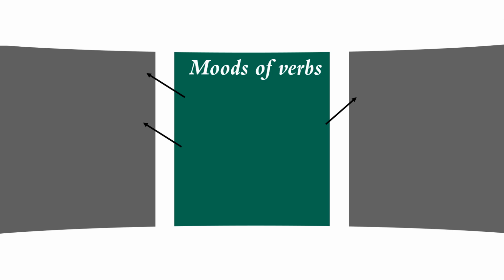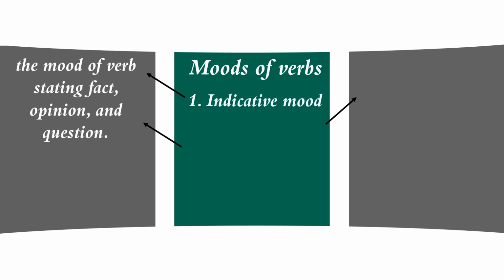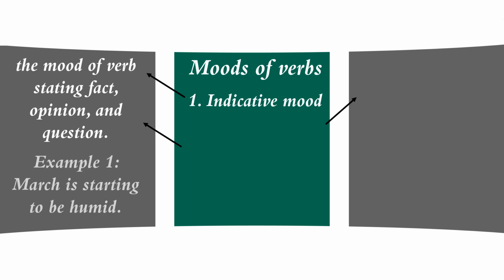For the first one, we have the indicative mood, which is the mood of verb stating a fact, an opinion, or a question. An example of this one is "March is starting to be humid." What do you think is being stated in this example?